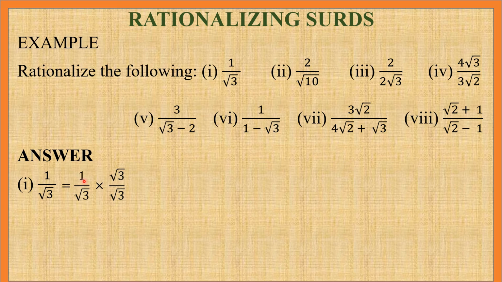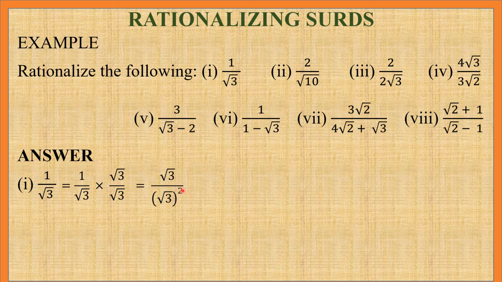So that when multiplying, we'll have 1 by root of 3 by root of 3. And 1 by root of 3 gives us root of 3. Root of 3 by root of 3 gives us root of 3 squared. And we said that from the properties of surds, root of any number raised to an exponent 2 becomes the same number.